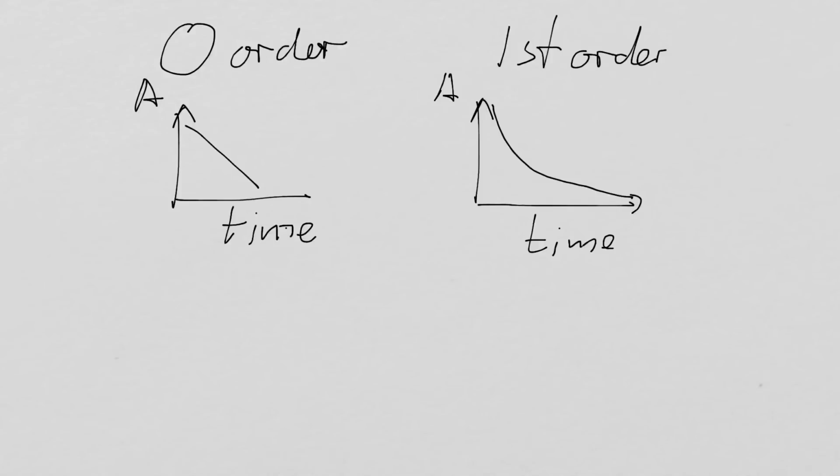But if we plot ln of A versus time, then we discover that this thing has stopped working again.